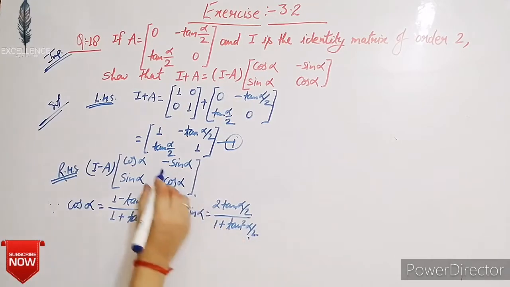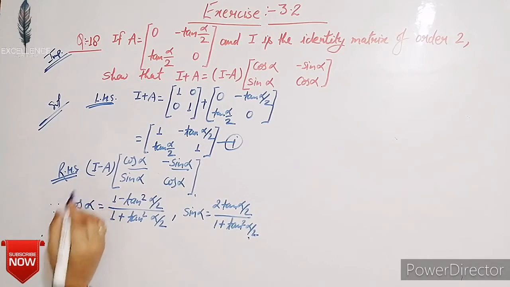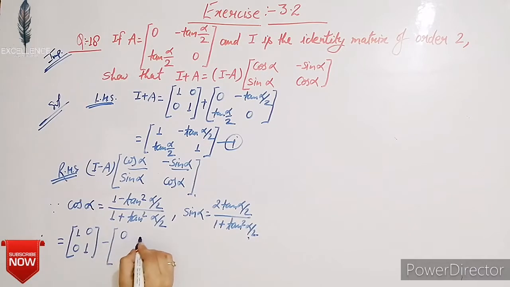Using these values in RHS part, then we have first I equals 1, 0, 0, 1 minus A, that is 0, minus tan alpha by 2, tan alpha by 2, 0.